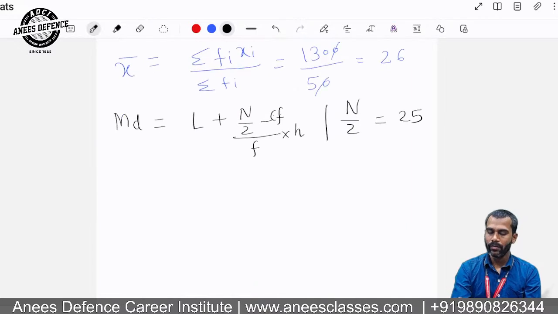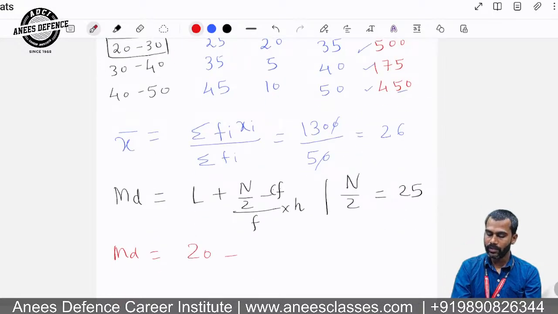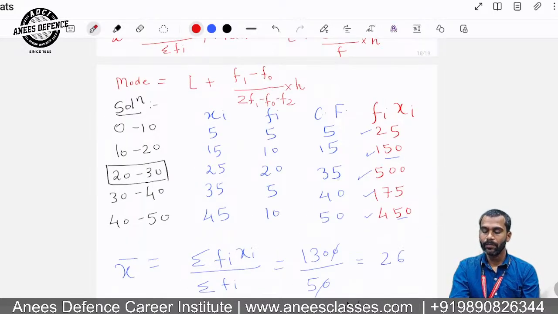Now we can directly apply the formula. What is L? L is 20. 20 plus 25 minus cumulative frequency, which is that of the class preceding the median class, that is 15.